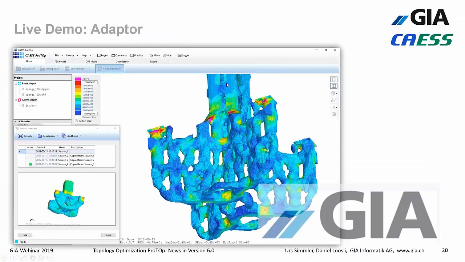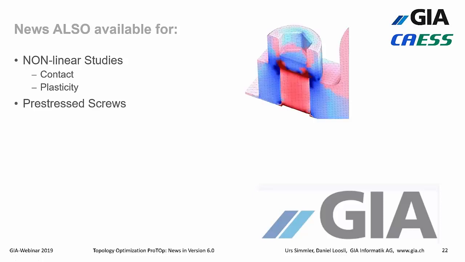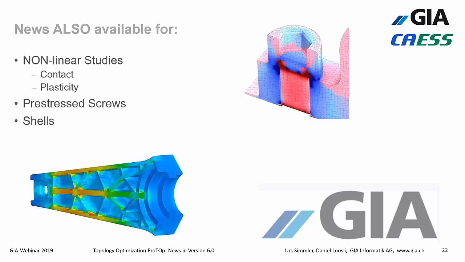That brings me back to the slides. We saw this adapter demo. For the live demo of the G bracket, there is no time. It needs more time to show all of that. But just to inform you, for people who saw this ProTop thing for the first time, topology optimization is also available for nonlinear studies. You can bring in contacts, plasticity, the pre-straining feature, pre-stress screws.